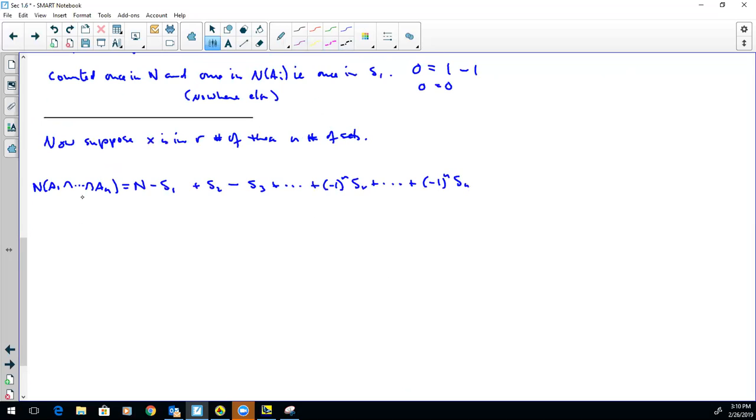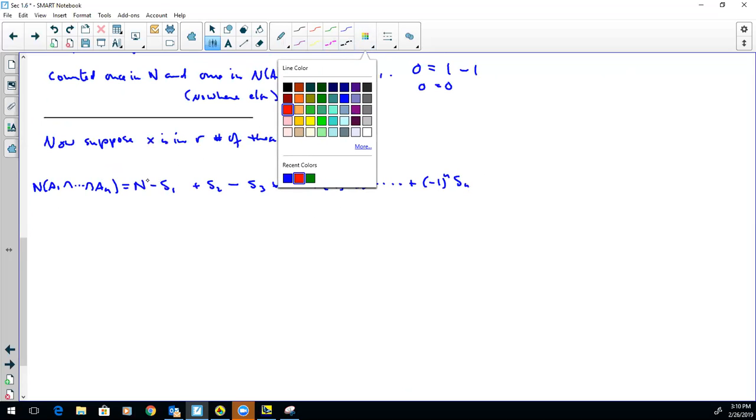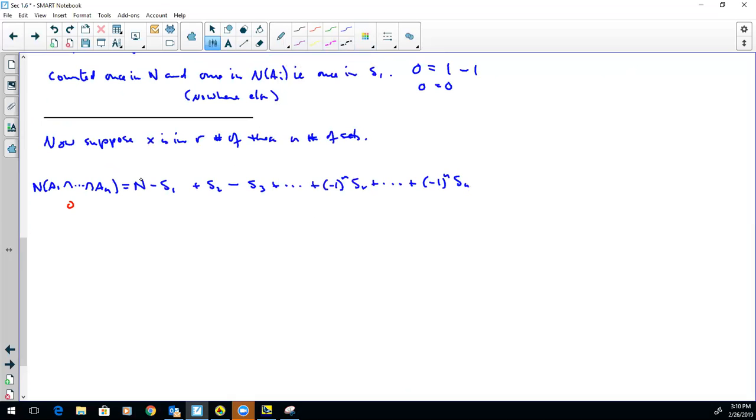So it's in R number of sets, so that means X is counted. Okay, so over here it's 0. So it doesn't show up there. It's counted once here, once here, once, no, excuse me. I'm not saying this right.